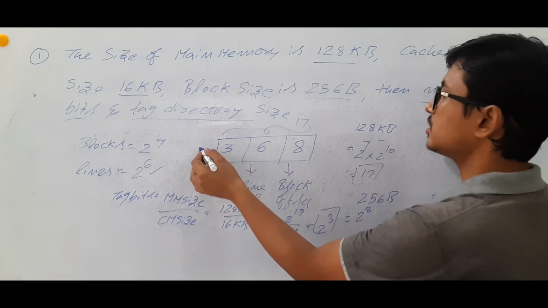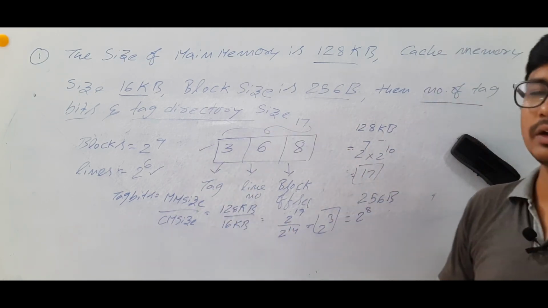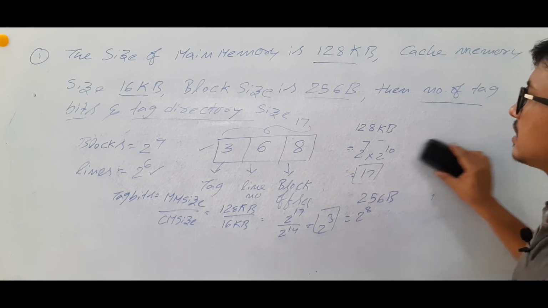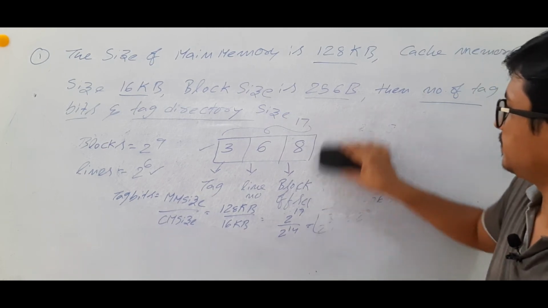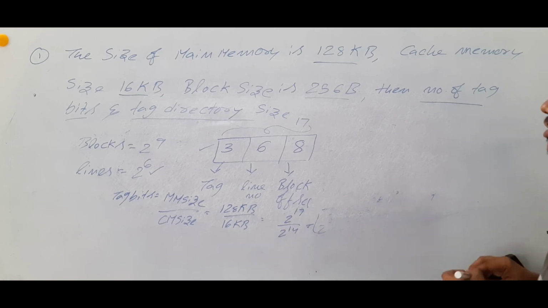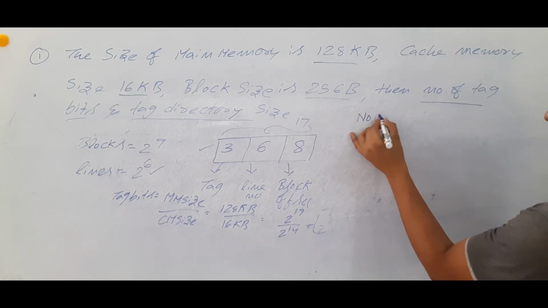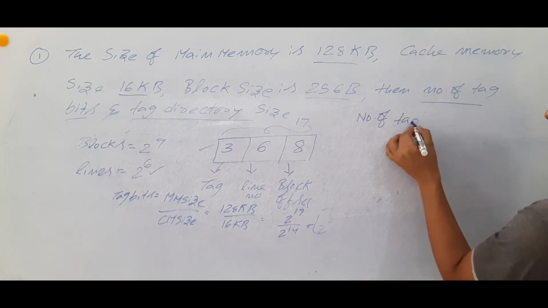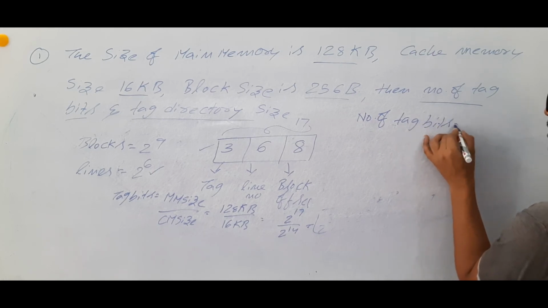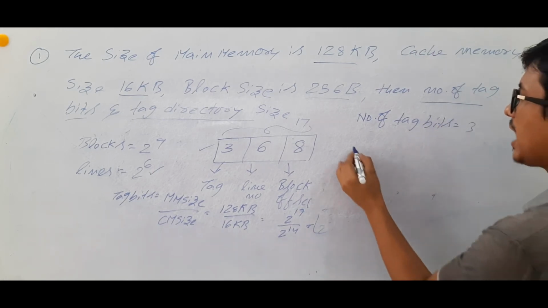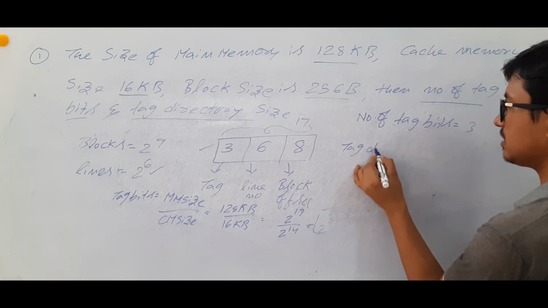So the first question is solved, which means part A is solved. The number of tag bits is equal to 3.